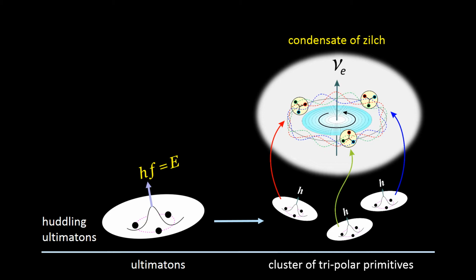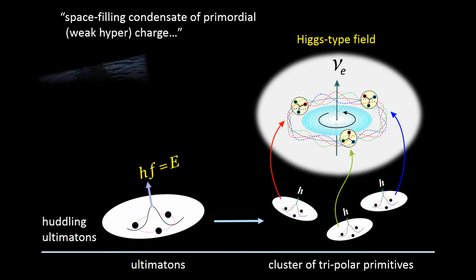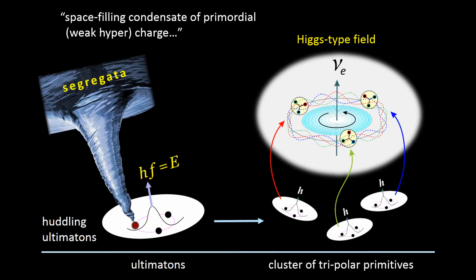But there's more. As we know, this Higgs-type field is thought of as a space-filling condensate of primordial charge, which sounds a lot like space-filling condensate of primordial charge. In other words, segregata, the very stuff from which these primitive particles are made. So here's that question again.